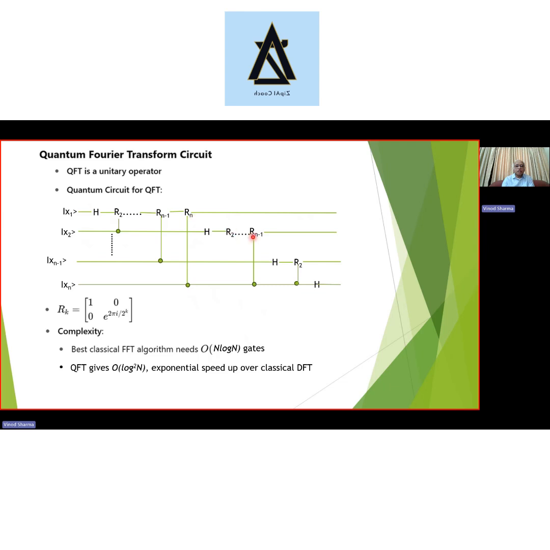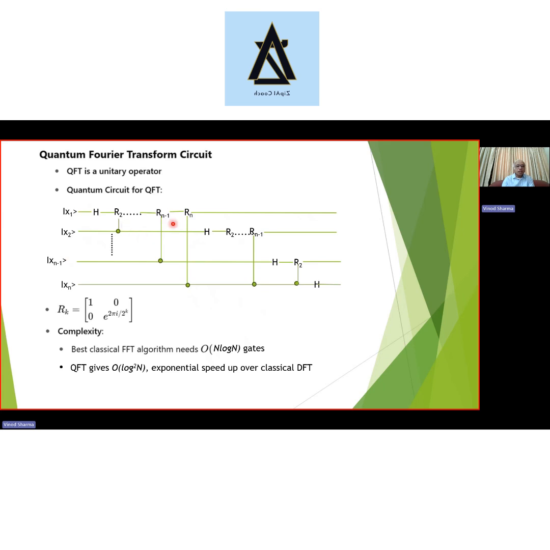Here it was Rn, here it is n minus 1. And in this case, R2 is controlled by this. And similarly, R3 will be controlled by the circuit coming from x3. Rn minus 1 is controlled by xn minus 1.